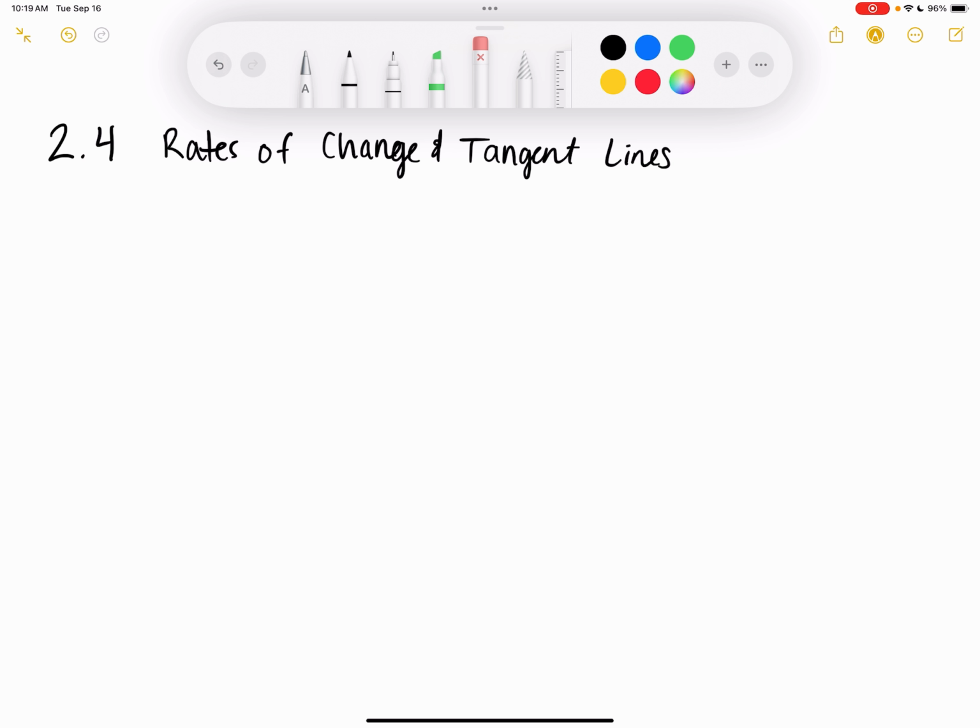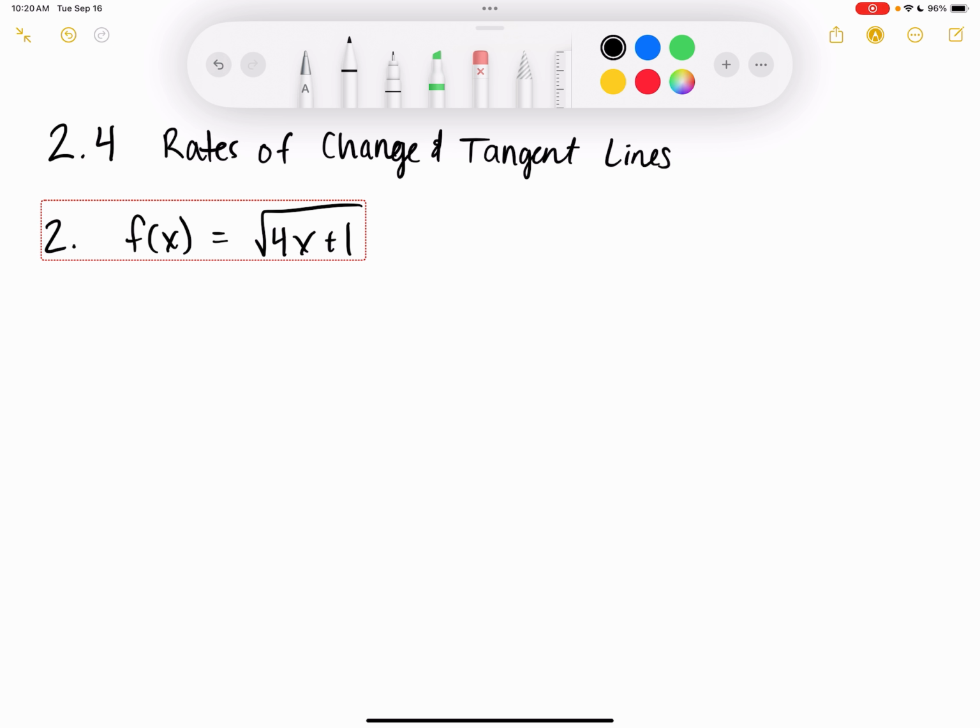So I've got f of x is equal to the square root of 4x plus 1. And then they want us to do it over 2 different intervals. The first one is the interval from 0 to 2, and they'll be closed intervals because obviously we need the endpoints for them.